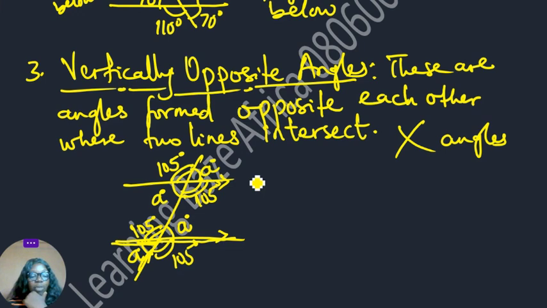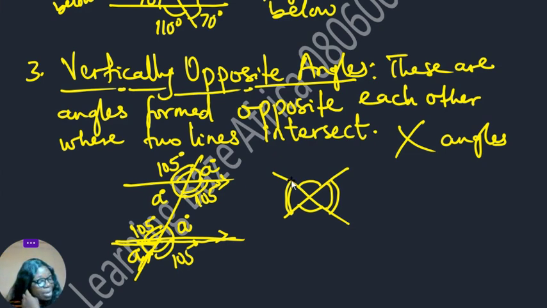So the angles that are formed facing each other are called vertically opposite angles. So that's why we call vertically opposite angles X angles. So this is equal to this angle, and this right side angle is also equal to this left side angle. So I hope you understand.